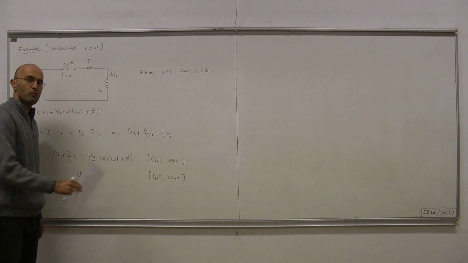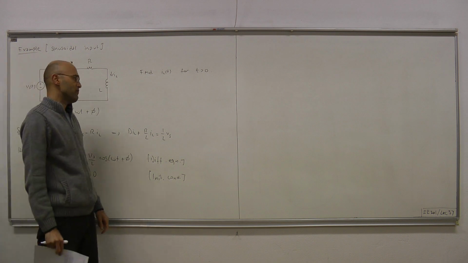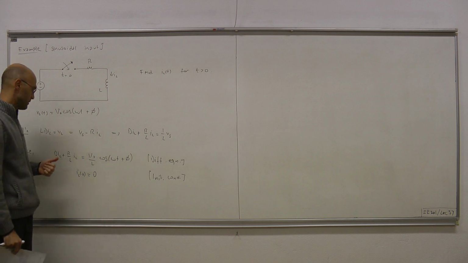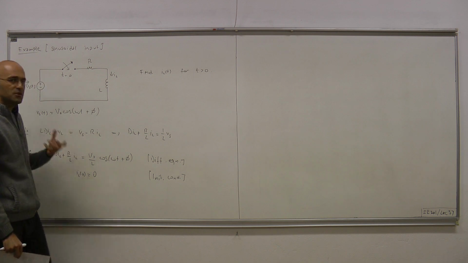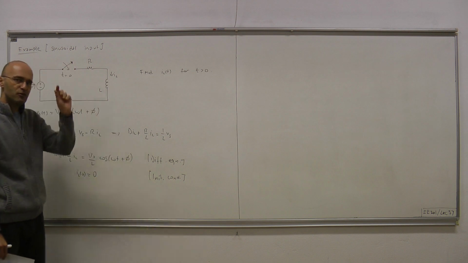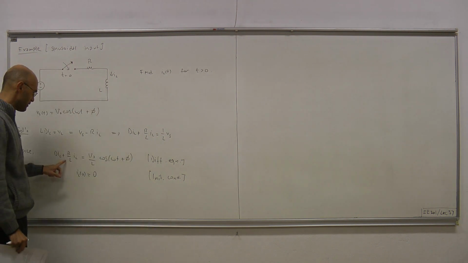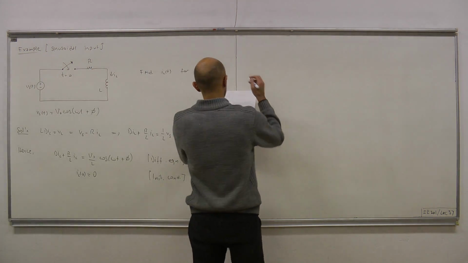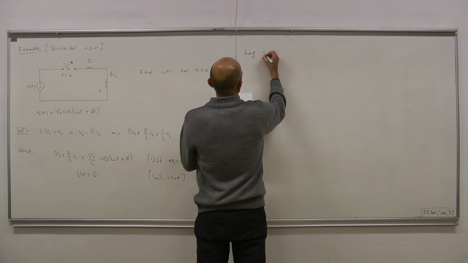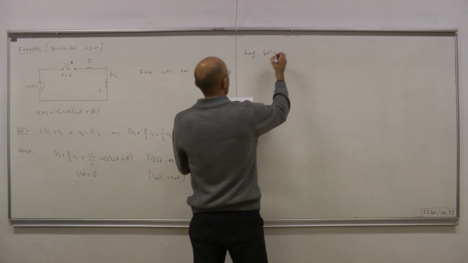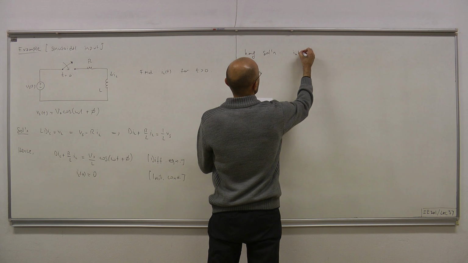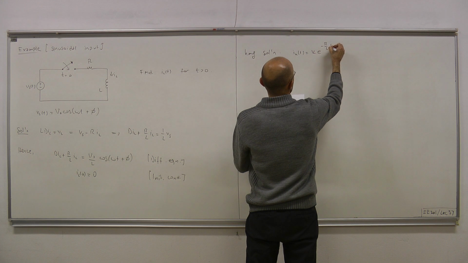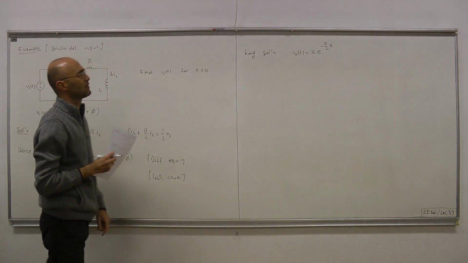That's a first order homogeneous LTI differential equation, and we know the structure of the solution: some constant k times e to the natural frequency of the circuit times t, and the natural frequency of the circuit is minus R over L. Let's write that down: the homogeneous solution will have the form Ih(t) equals some constant k times e to the minus R over L times t.